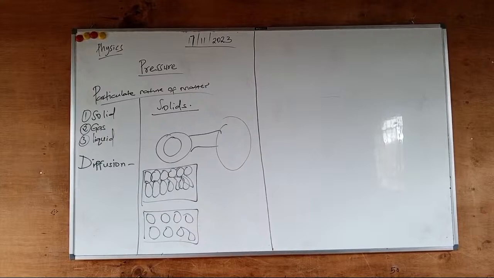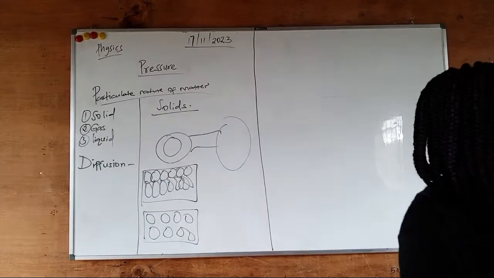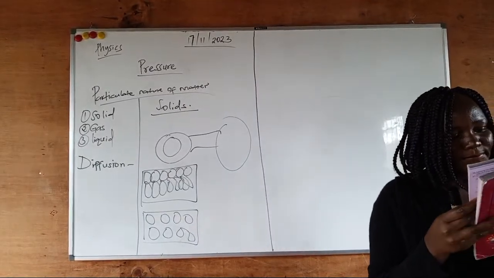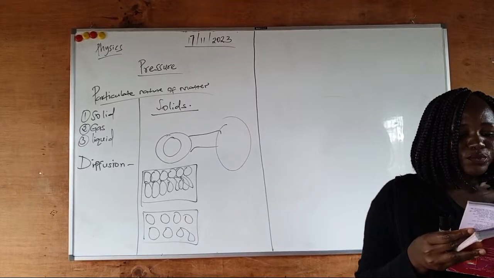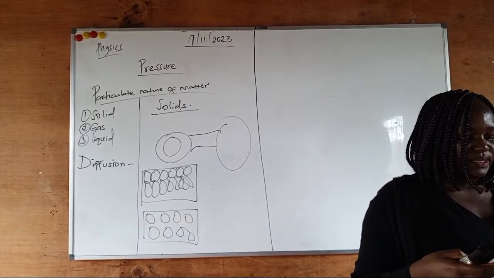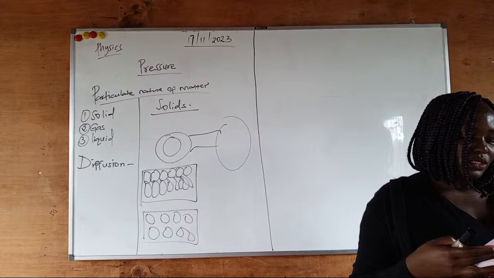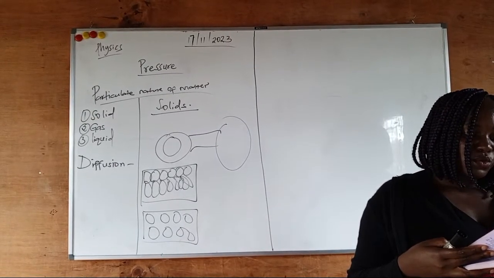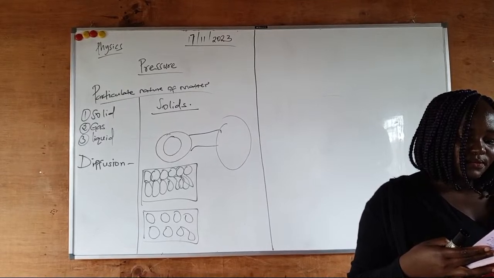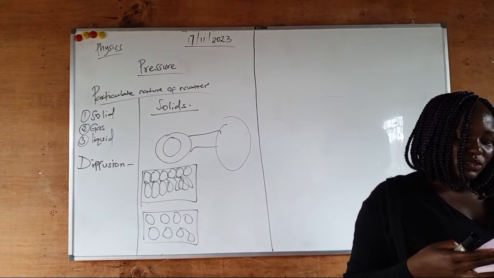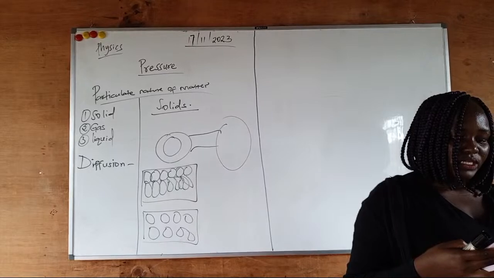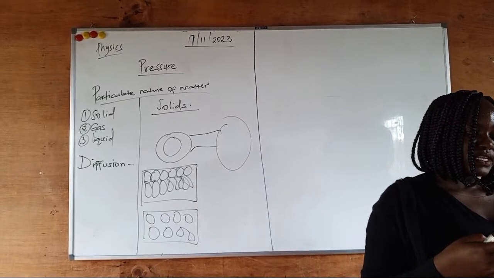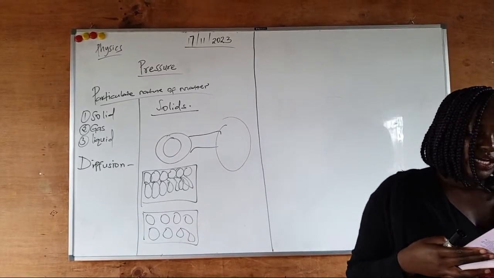Another question. Explain the cause of random motion of smoke particles as observed in Brownian motion.